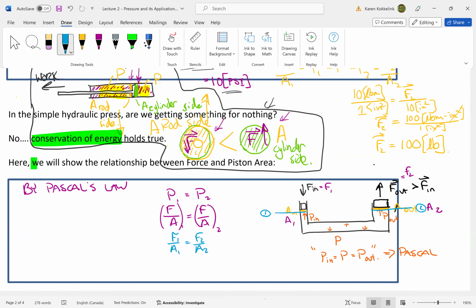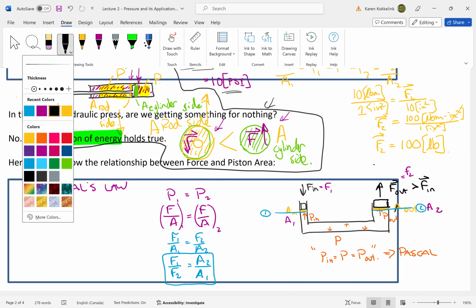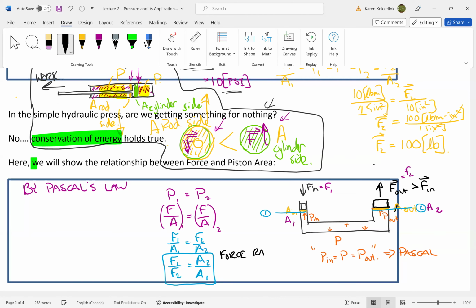And if I want to swap these to look at the ratio of F1 over F2, then I would bring the F to the other side and I would bring the A to the other side. It's simple math to show that I can write this as a ratio of two things, a force ratio.